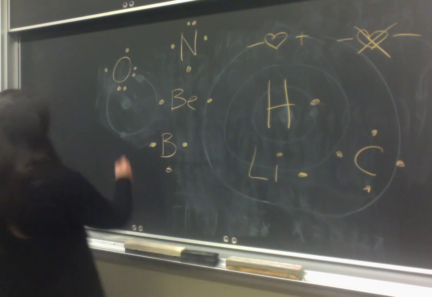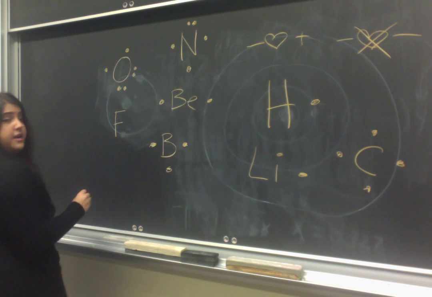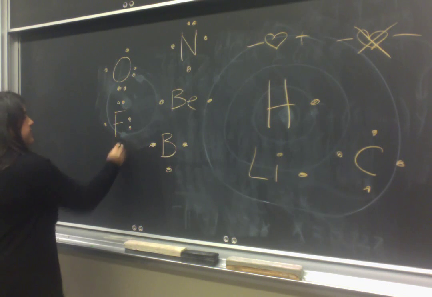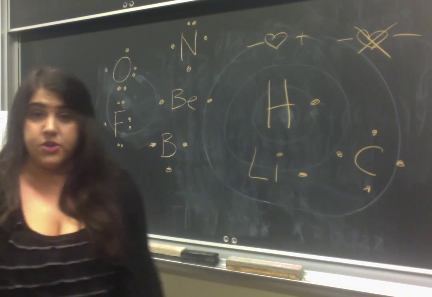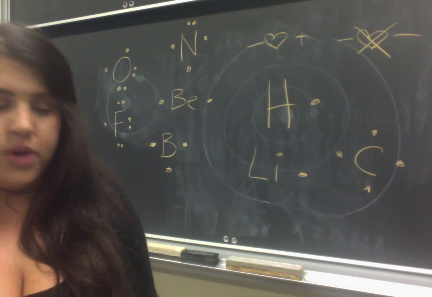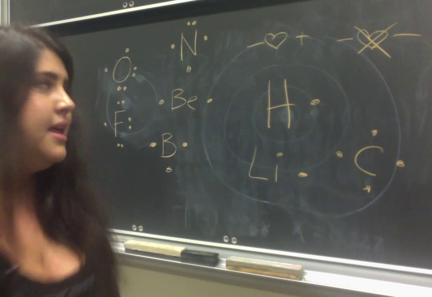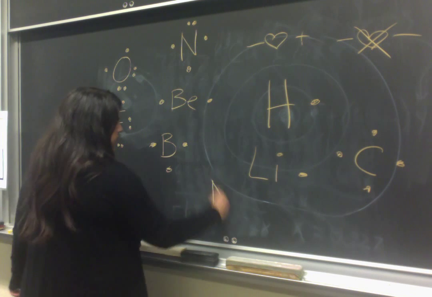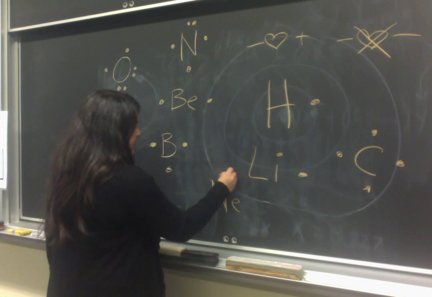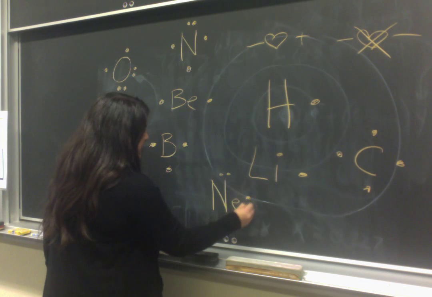Next would be fluorine, where I have 1, 2, 3, 4, 5, 6, 7 valence electrons. 7 valence electrons, 3 pairs, and 1 unpaired electron. If I move on, I finish with neon. Neon, which is in group 8. Group 8 has 8 valence electrons. It will be completely full.